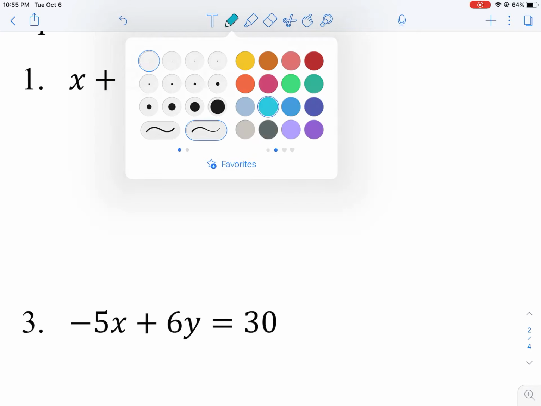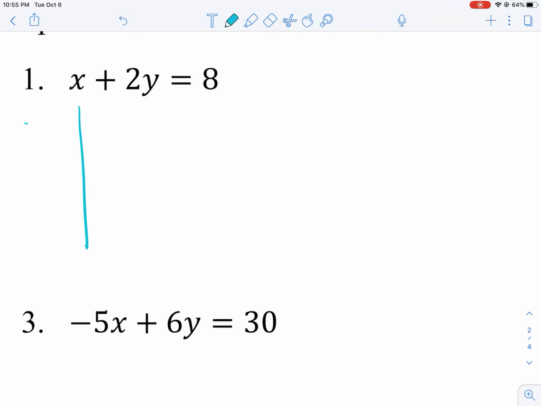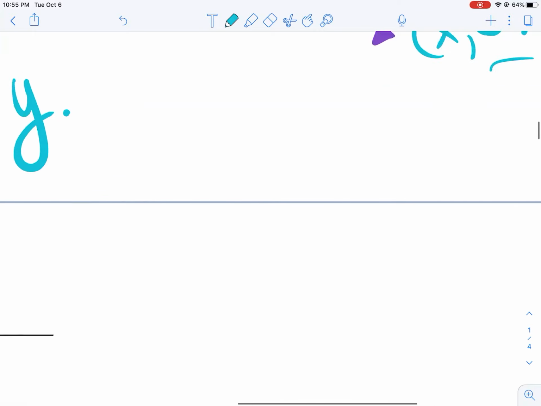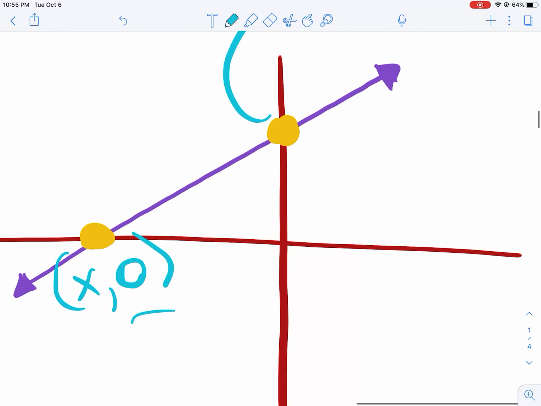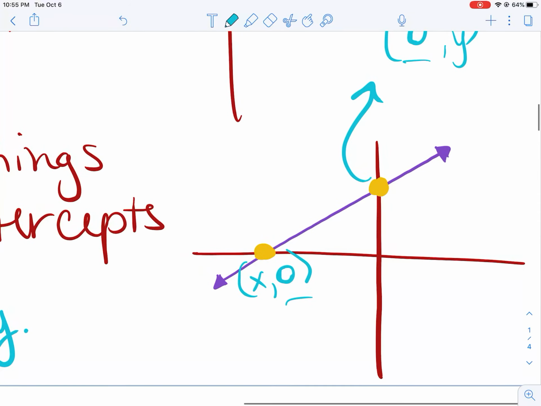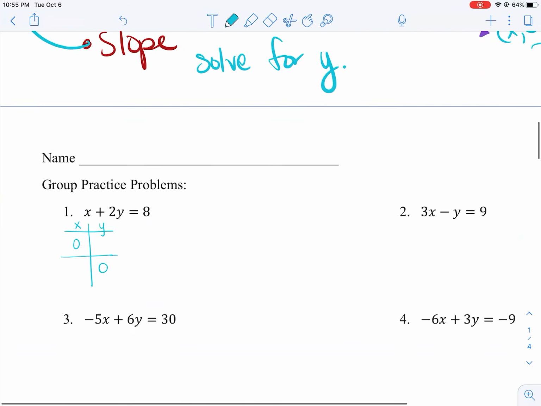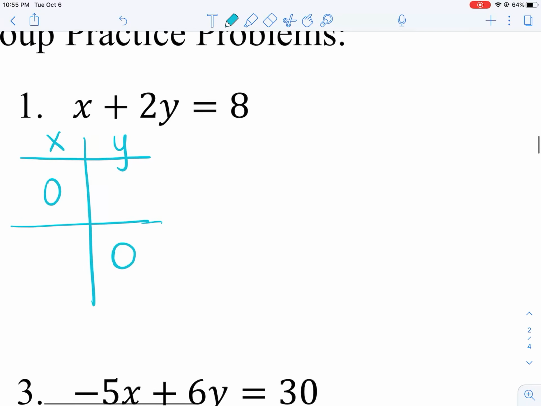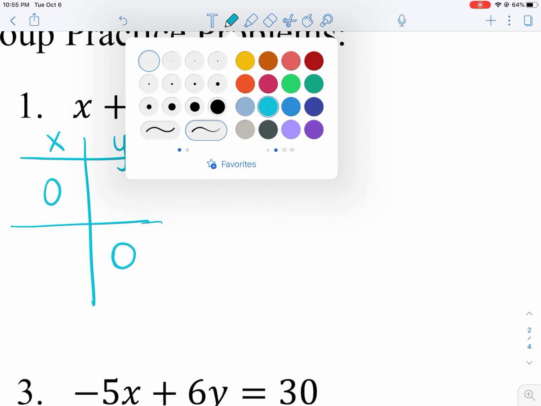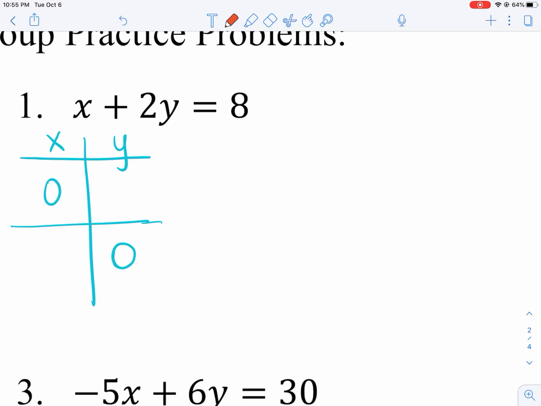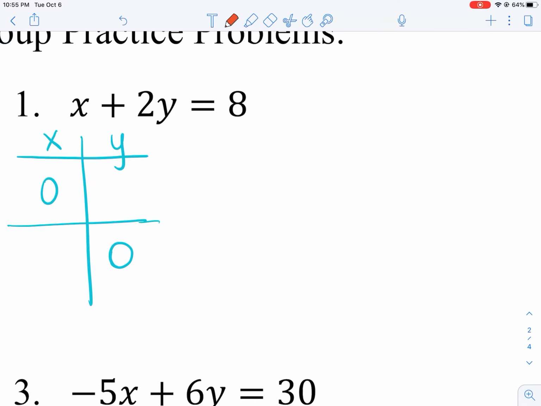So I might have x and y set up here, and I will always fill my table with the zeros on each side. Remember, from this picture over here, we're using the idea that the intercepts are all about where x and y are 0. So once you get better at this, you might be able to skip some of these very laid out steps, but I am going to walk you through step by step how I'm doing this.